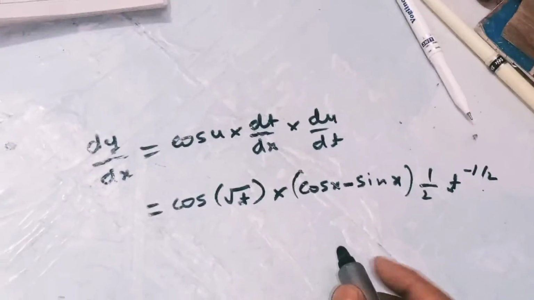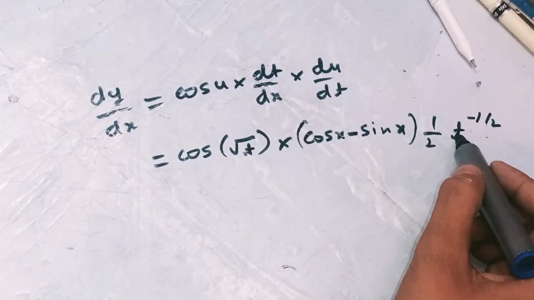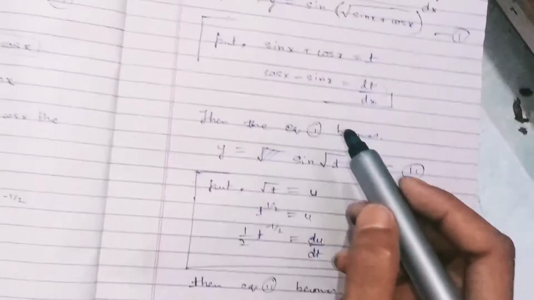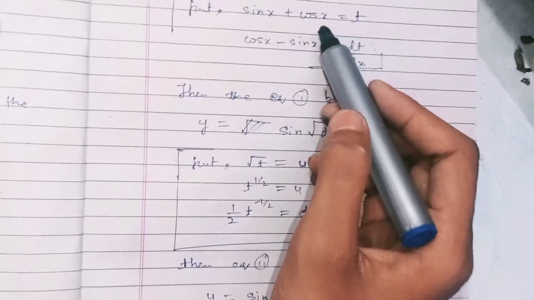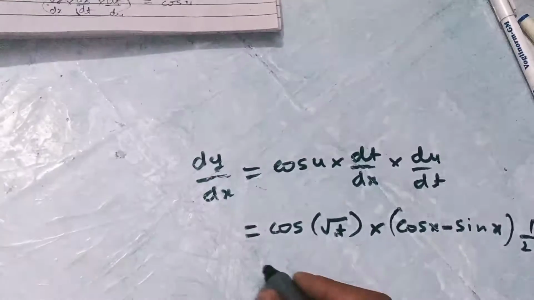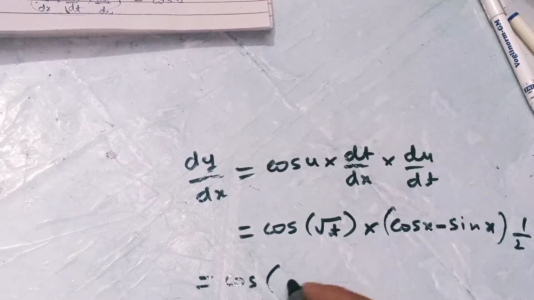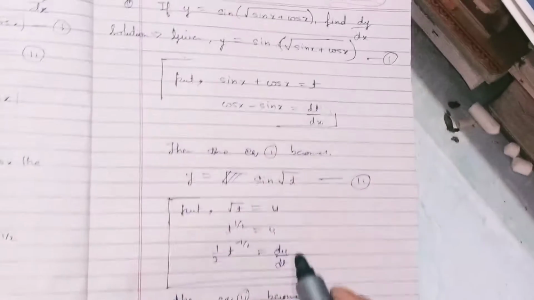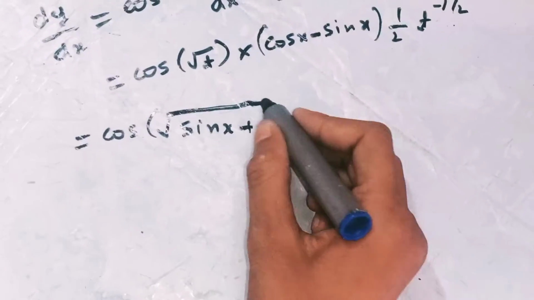Again here we have t, but it was not actually t. We had put sin x plus cos x is equal to t, so we will again replace its value with what we already have, that is sin x plus cos x.